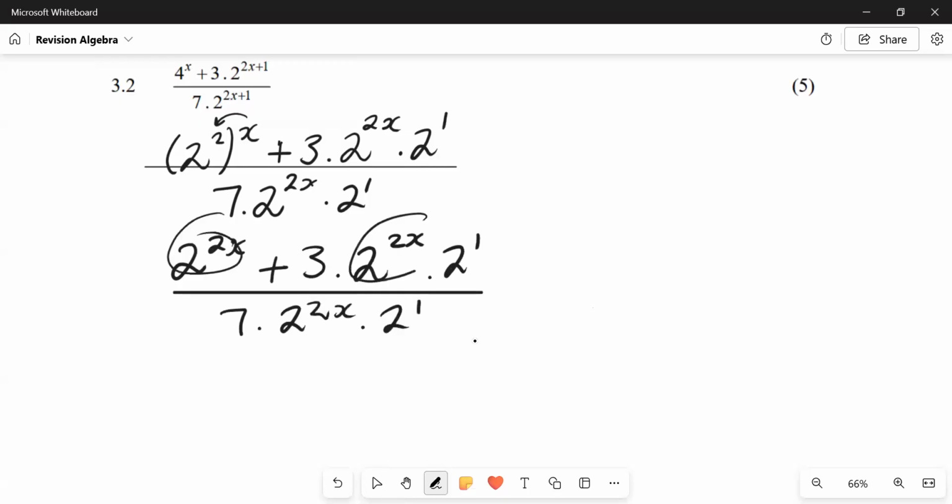right? Let's take out the common factor of 2 to the power 2x from our numerator. We'll be left with 1 plus this 3 and 2. 3 times 2, that's 6, right? And then here you have your 2 to the power 2x.